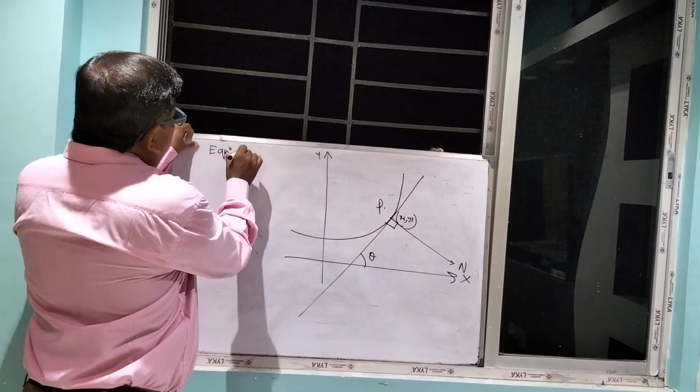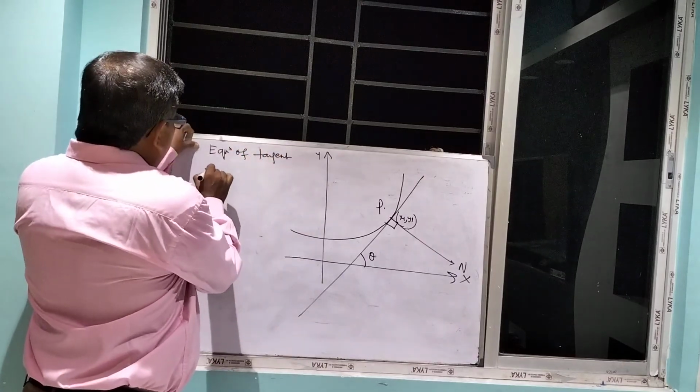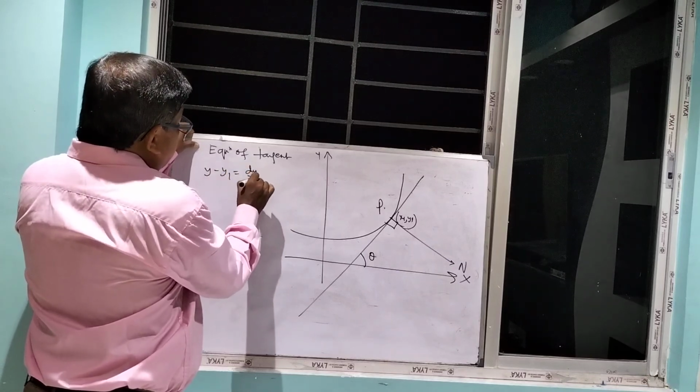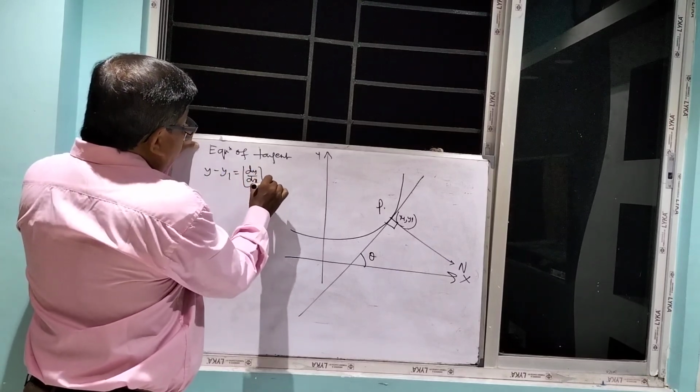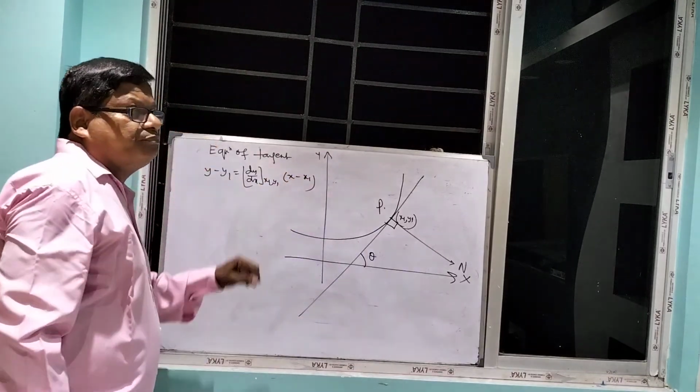Now write the equation of tangent: y minus y1 equals m, where m means dy/dx at the point (x1, y1), times (x minus x1).